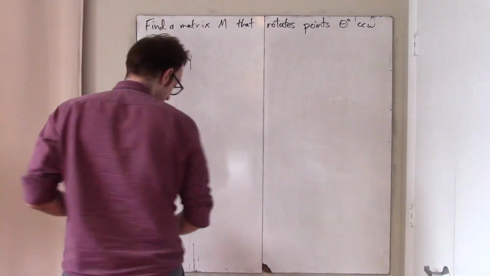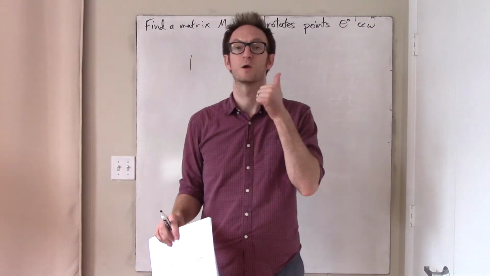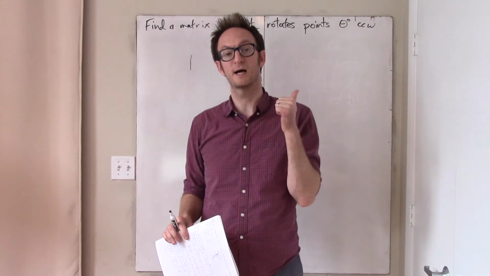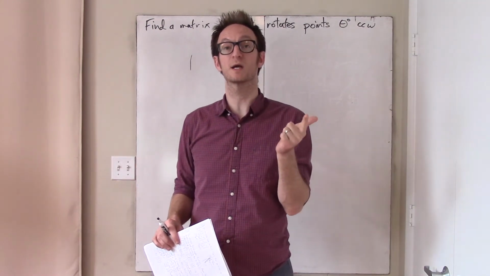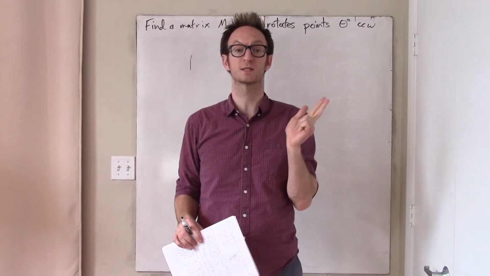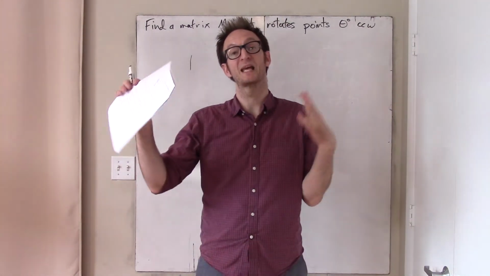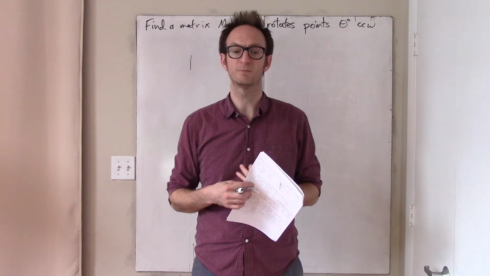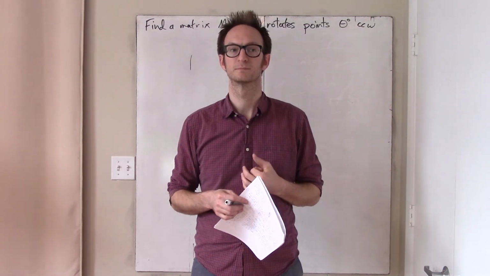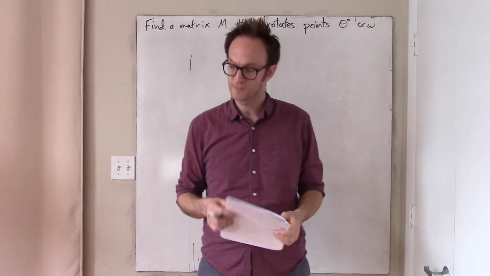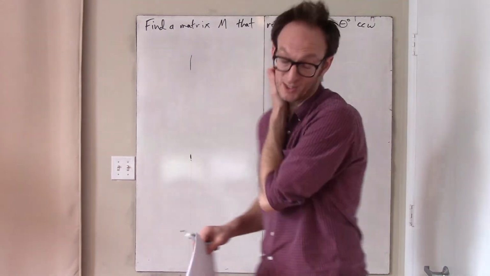So we have seen rotations by 90 degrees, rotations by 180 degrees, reflections across the x-axis, y-axis, and line y equals x. We've seen some dilations, and we have seen some shears.